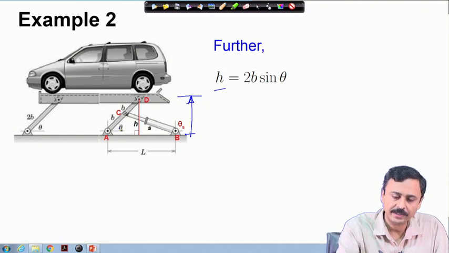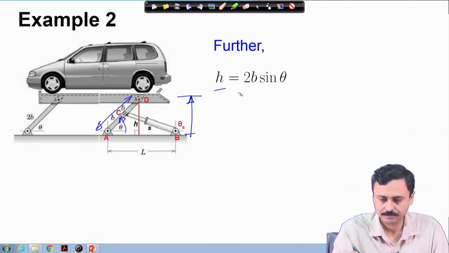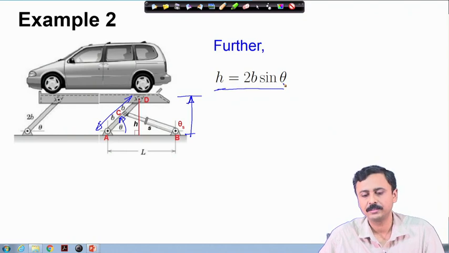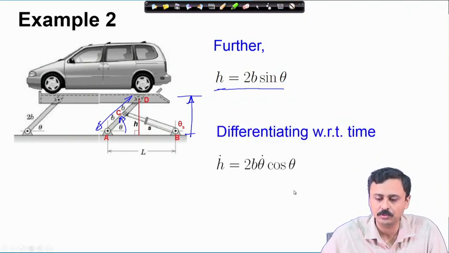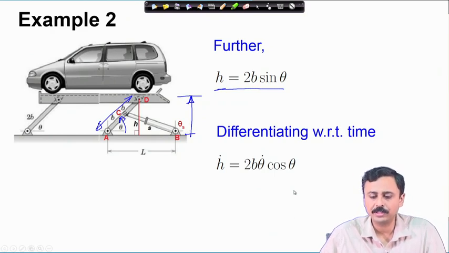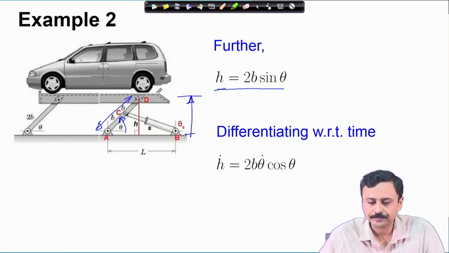So, h can be related in terms of this length AD and the angle theta, and is given by 2b sin theta, and if you differentiate this, this is going to relate h dot and theta dot.